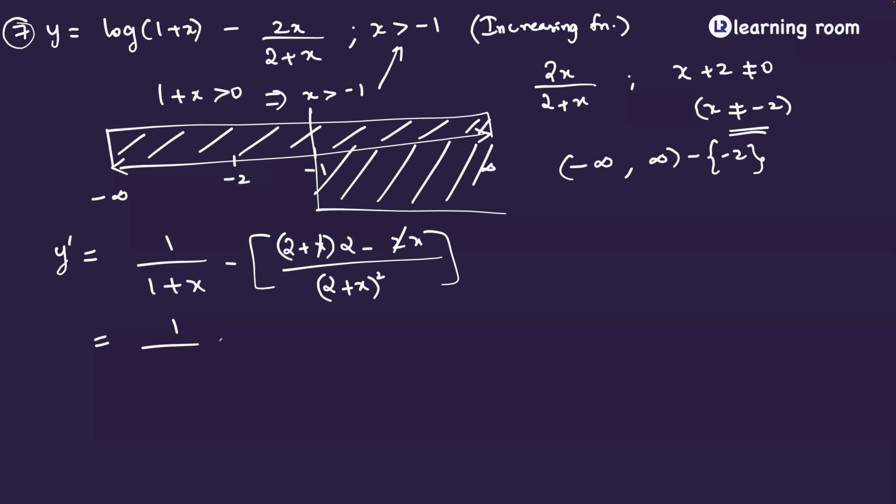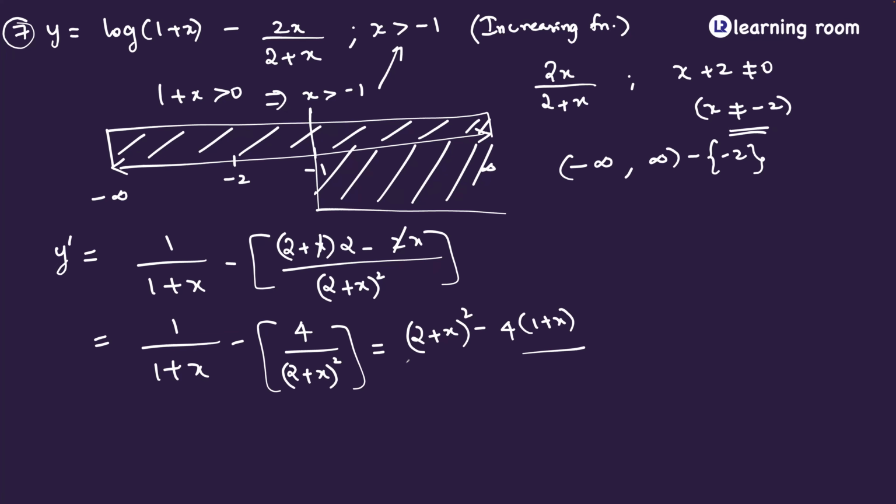So it will be 1 divided by 1 plus x minus 2 into 2 is 4 divided by 2 plus x the whole square. Take LCM. So this is going to be 2 plus x the whole square minus 4 into 1 plus x, the whole divided by 2 plus x the whole square into 1 plus x.